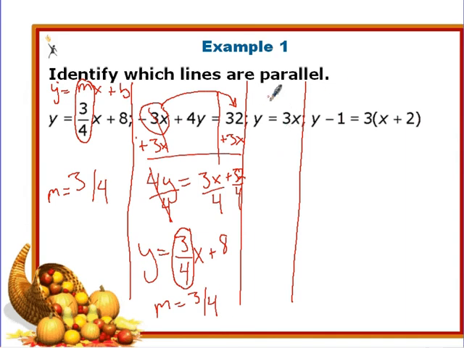This one, slope is the number in front of x, so our slope here is 3. And this one is written in the y minus y1 equals m times x minus x1 form. That's called the point slope form.